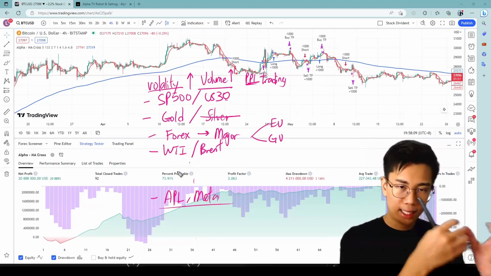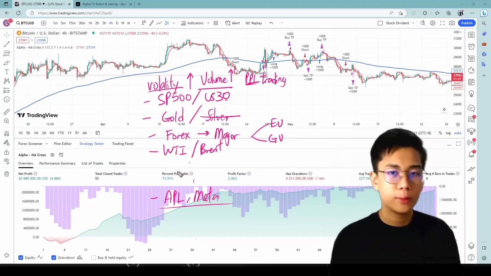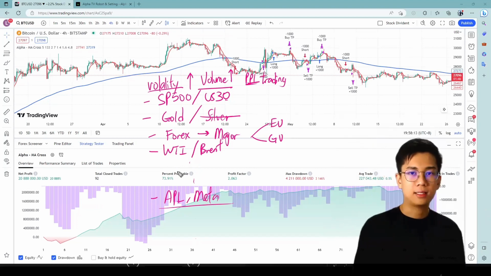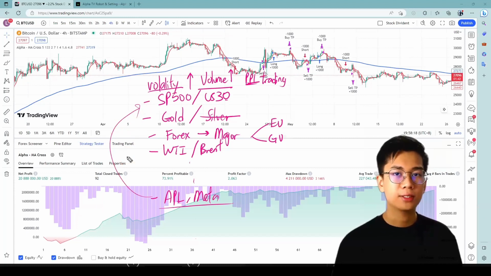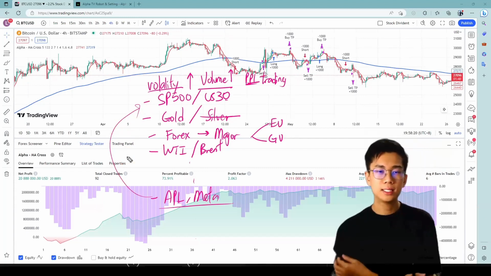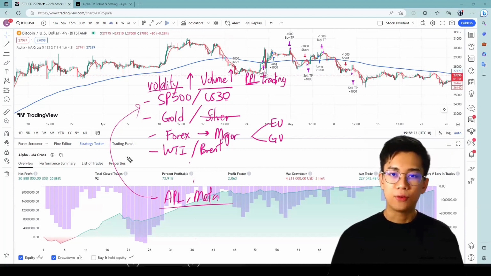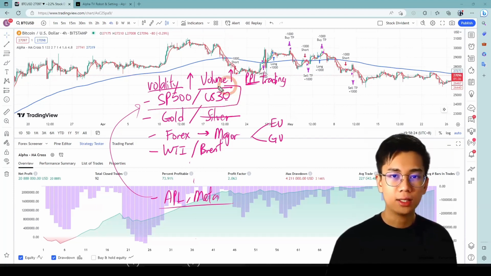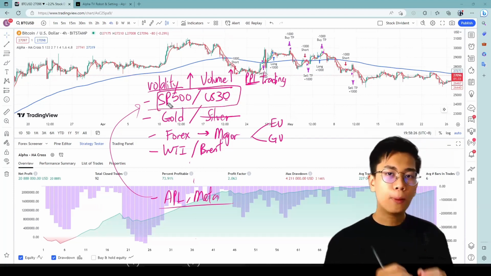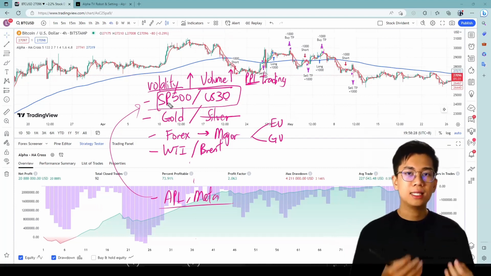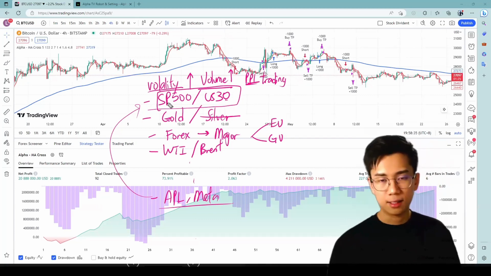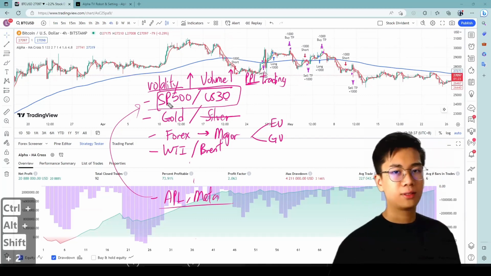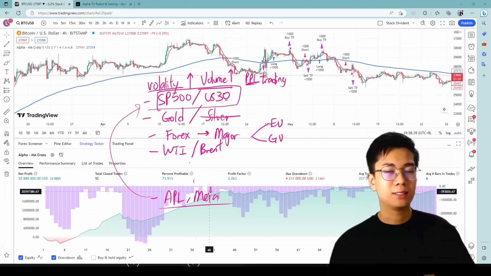They are, yes, highly volatile, and volume is there, but the demand is relatively lesser compared to the S&P 500 and Dow Jones as well. Hence, I still recommend that for the time being, just focus on this market first. There is no point in trading individual stocks because they are consistently unpredictable. Don't go and crack your head over things that are not working well.